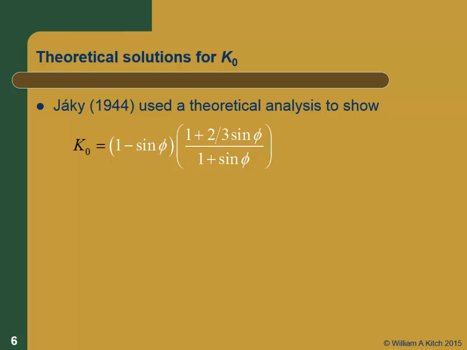Well, the first published information on K naught was done by Jaky. I'm not sure how you pronounce it. I'm not Hungarian. In 1944, he used a theoretical solution, and he came up with this equation for K naught from a theoretical analysis.